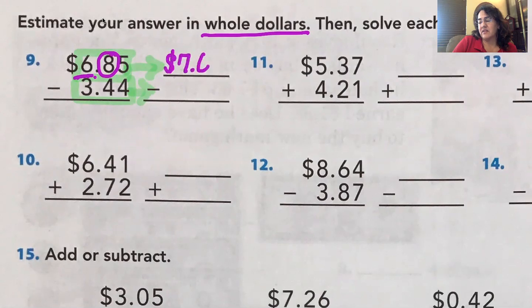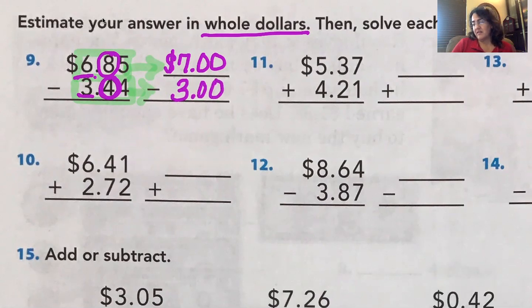So we'll have $7. What about the $3.44? I'm looking at a 4 now. Remember our saying, Sean, does the 3 become a 4 or does he stay a 3? He stays a 3. Good job.